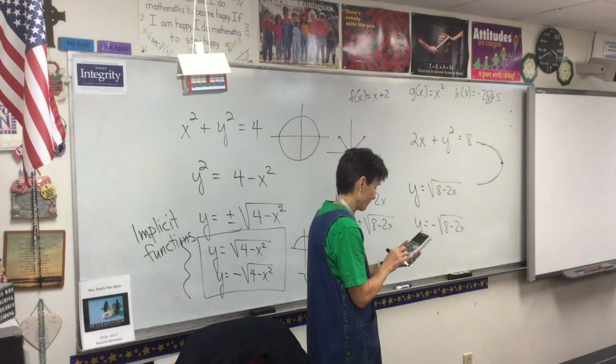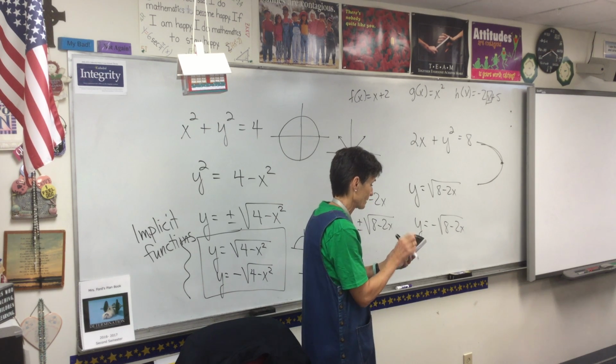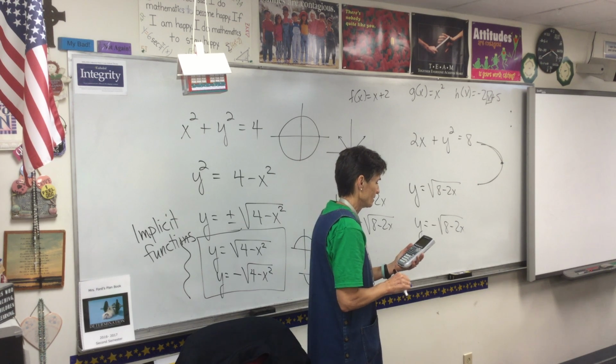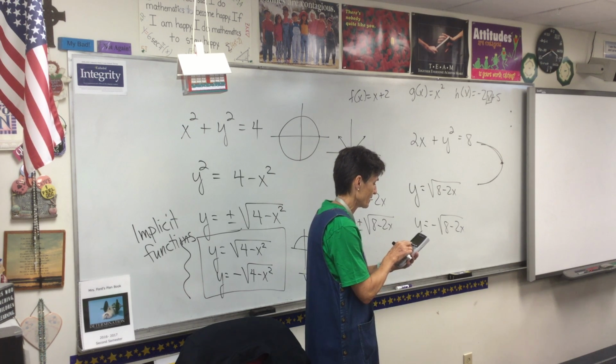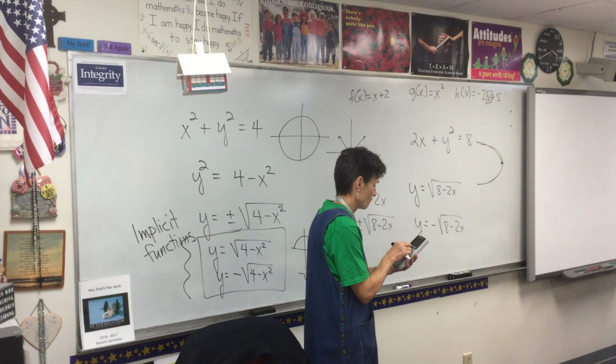Square root 8 minus 2x. Negative square root 8 minus 2x. Oh, did yours look funky? Yeah. Just to the left of the x-axis.